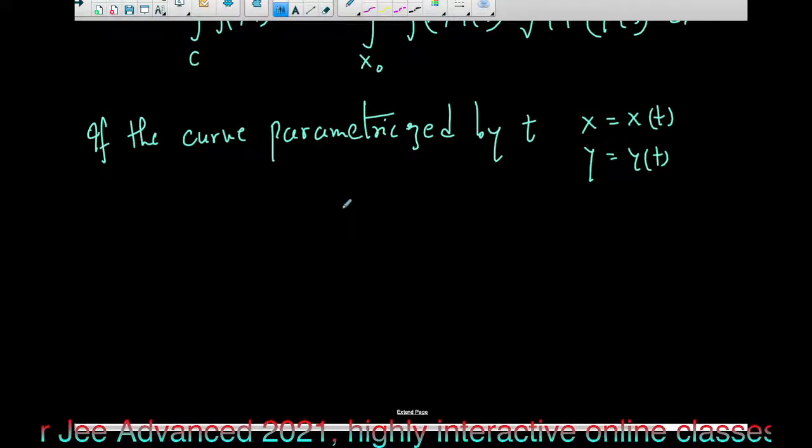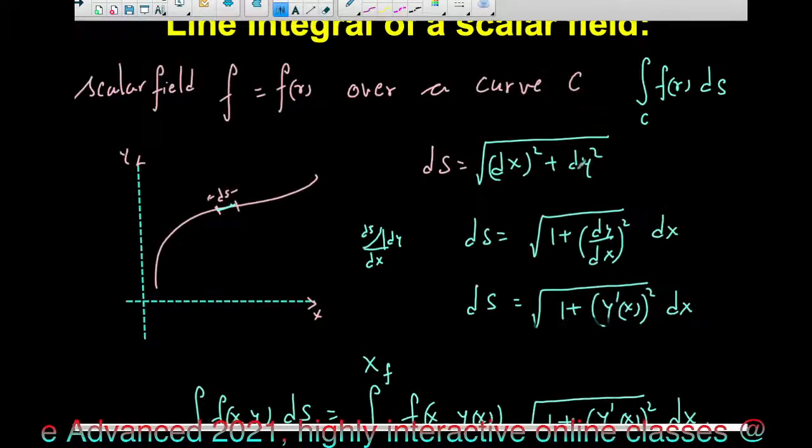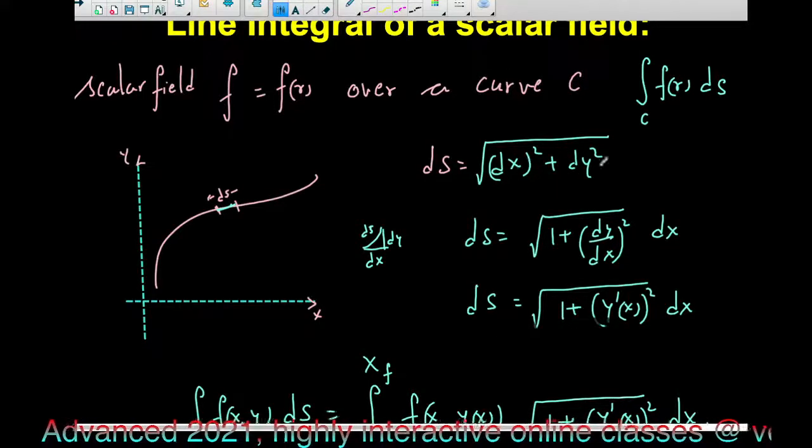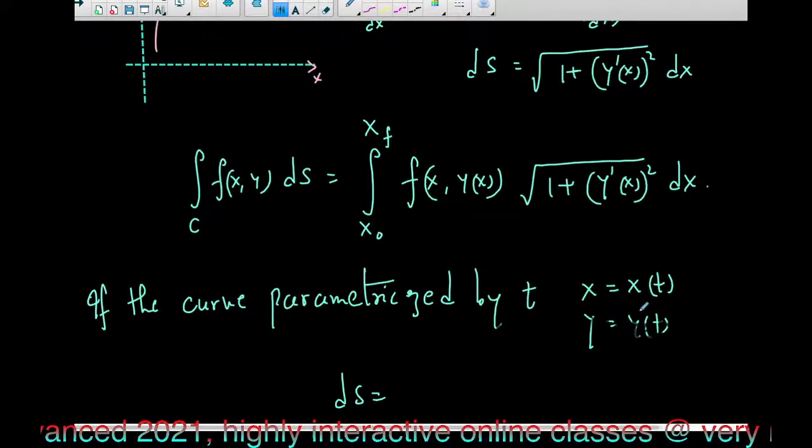So nothing to do over here, ds is equal to what we have discussed, that is dx square plus dy square, and you separately differentiate with respect to t for x and y, as x dash t, y dash t.